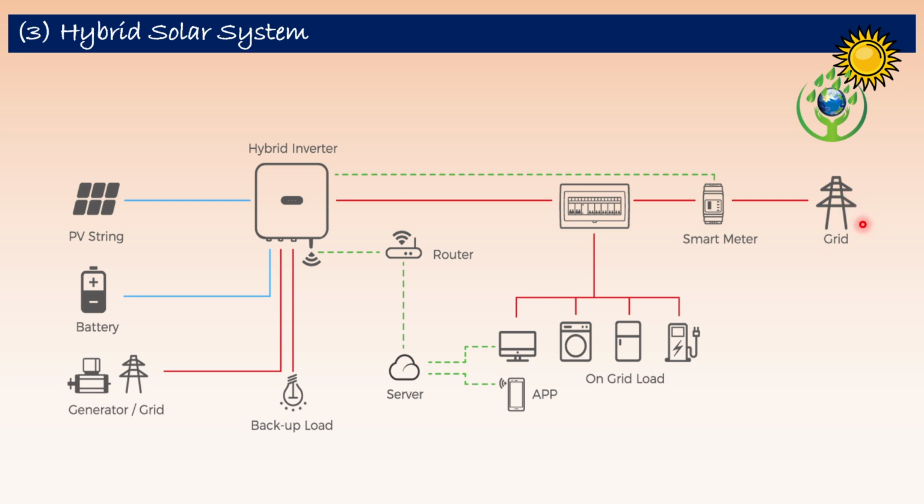When the electricity from the grid shuts down, your system will stop sending electricity to the grid and will start to operate your loads from your battery. In this system you can also have the net metering system or the smart metering system, which is a two-way metering system, measuring whatever you have given to the grid and whatever you have taken from the grid.